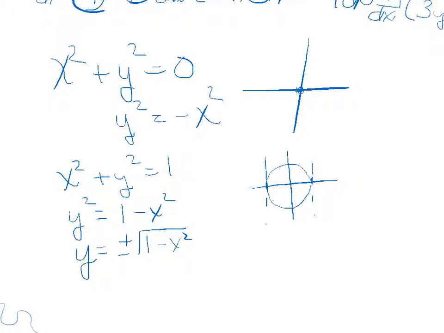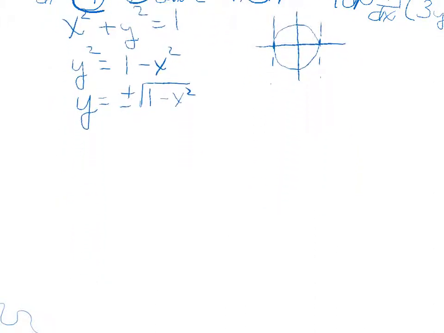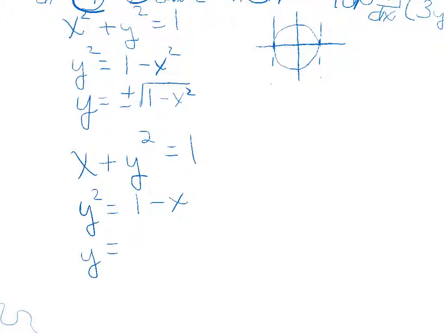All right, let's change up the equation just a little bit. Let's look at x plus y squared equals 1. If we solve this for y, we get y equals plus or minus the square root of 1 minus x.